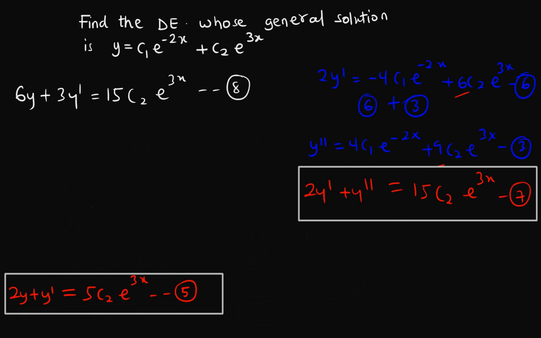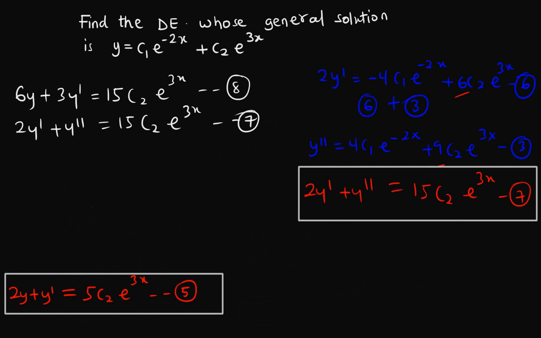Now let's bring equation 7 here. That's 2y prime plus y prime prime, and this equals 15 c2 e to the power 3x. So this is equation 7. Now I want to get rid of c2, so what do we do? You're going to subtract equation 7 from equation 8.